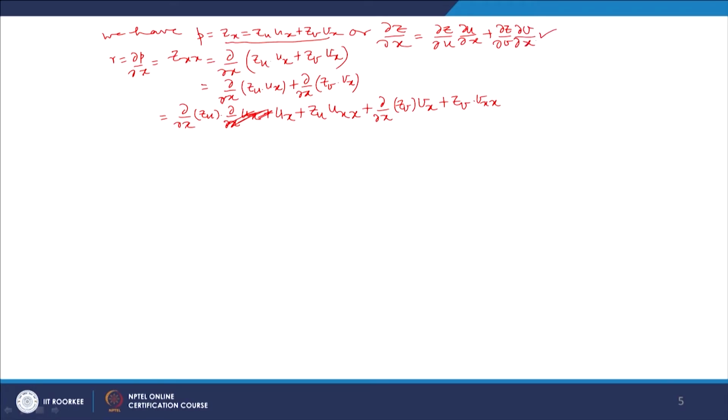Okay. This equation is valid for any function z of u and v. So, it will also be valid for z_u.